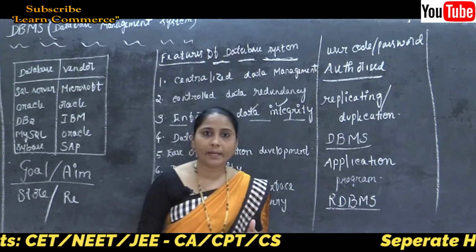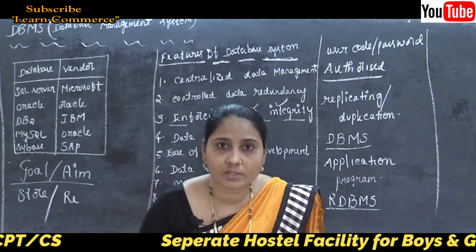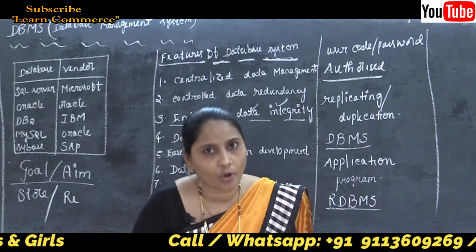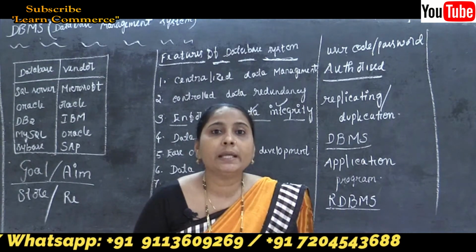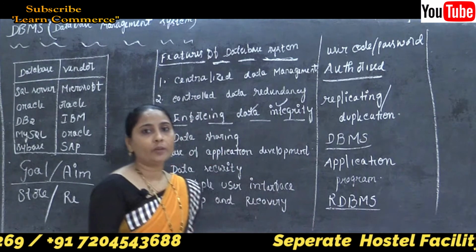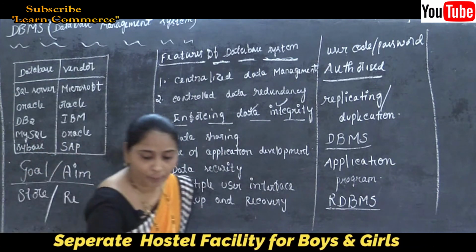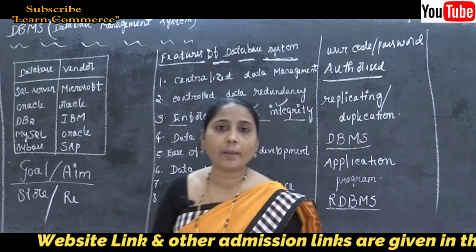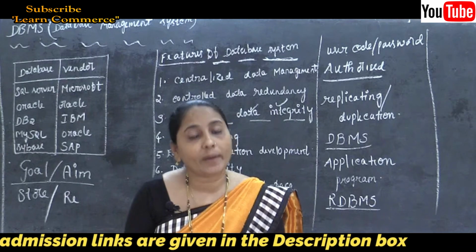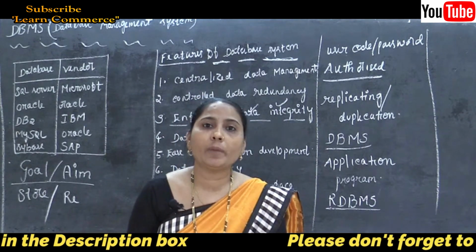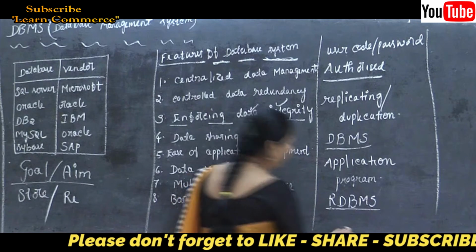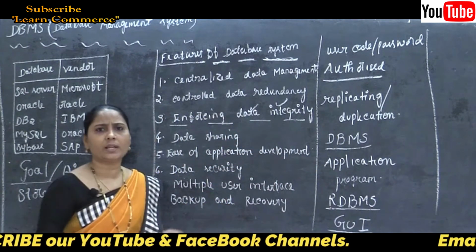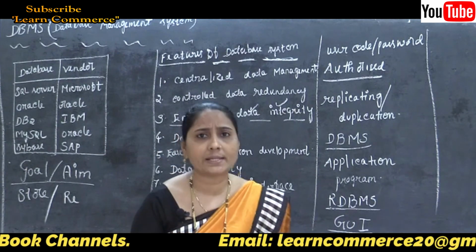Because different users have different technical knowledge, such a DBMS provides different kinds of interfaces, such as application program interfaces, query language interfaces, or graphical user interfaces. All of these are examples of interfaces.